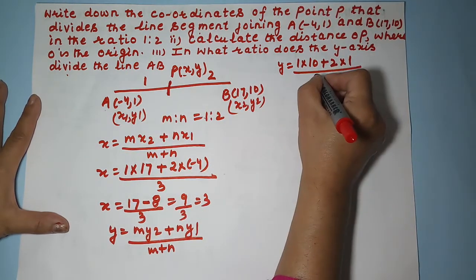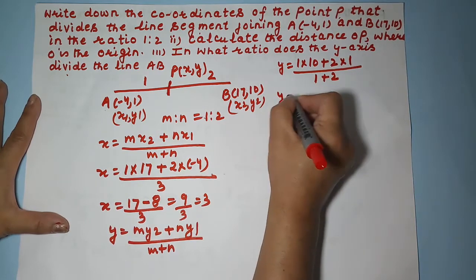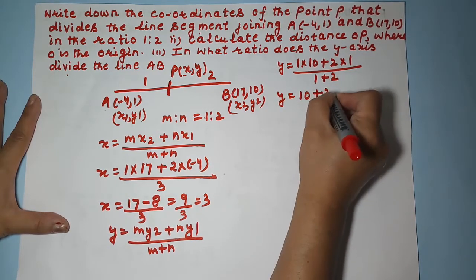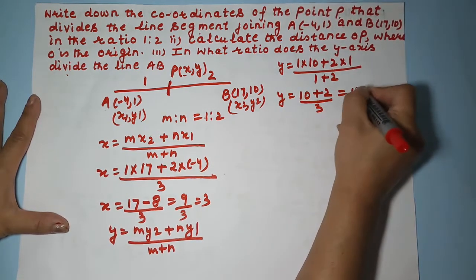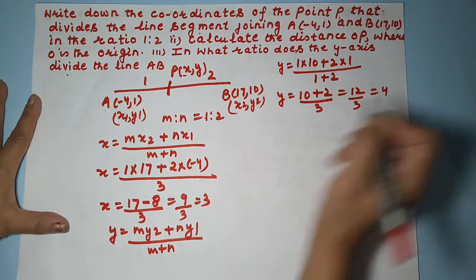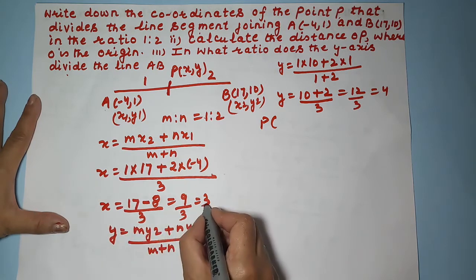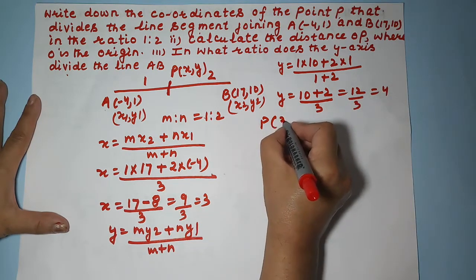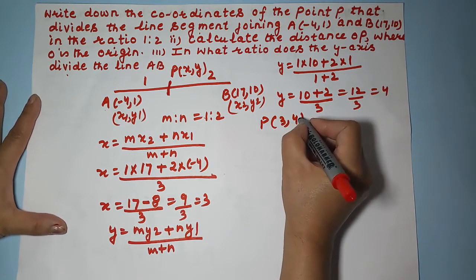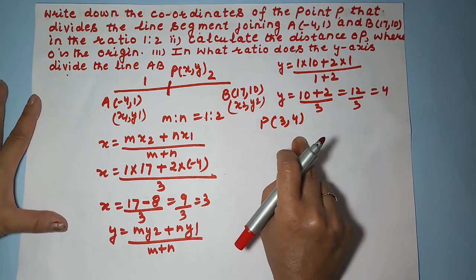Divided by 1 plus 2. So y is equal to 10 plus 2 divided by 3, which is 12 divided by 3, which is 4. So have I found the coordinates of P? Yes, it is 3 and 4. You should always write the x coordinate first and then the y coordinate. I got the coordinates of P.